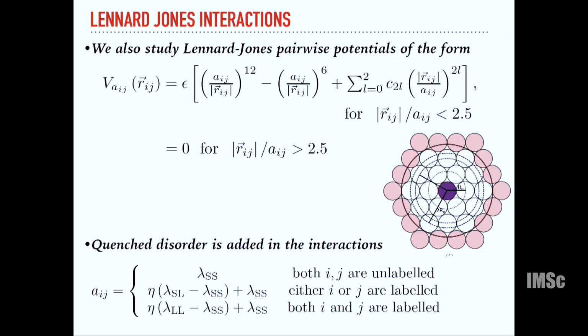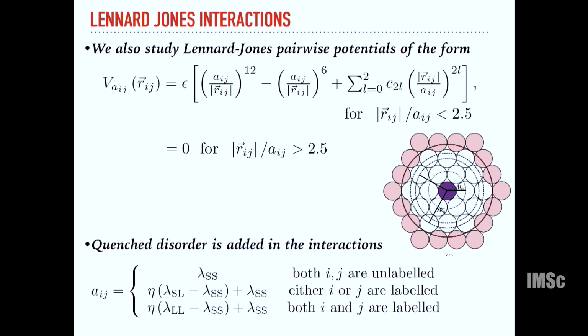Another model that we study, where we can again derive exact results, is the Lennard-Jones interaction with some smoothness, where you can add other terms so that you have smoothing of the potential at this interaction cutoff, and there's again a cutoff distance which is basically 2.5 in this case, up to this interaction radius where you have this circle plotted.